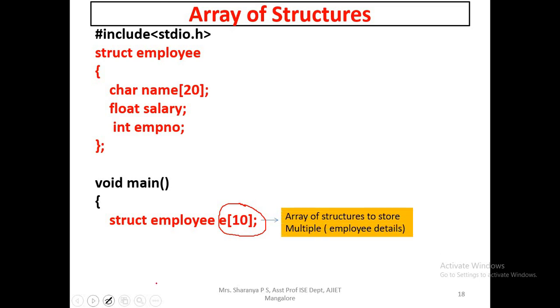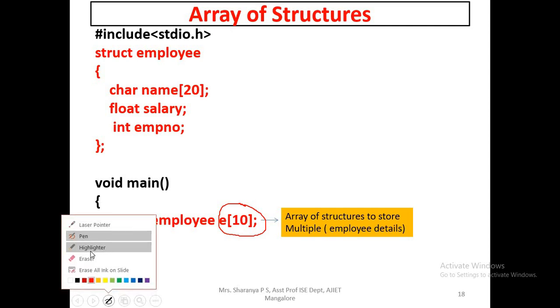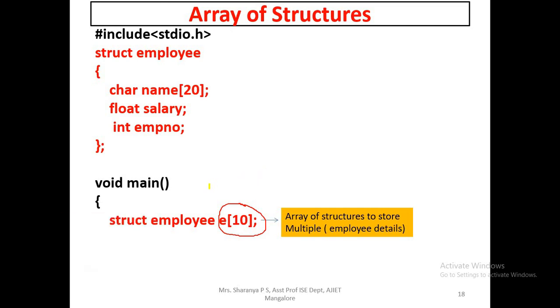This is now to store the multiple values of the employee details. In the previous example, we created one employee's details by defining one variable name, E1. And next we can create one more variable, E2, like that.